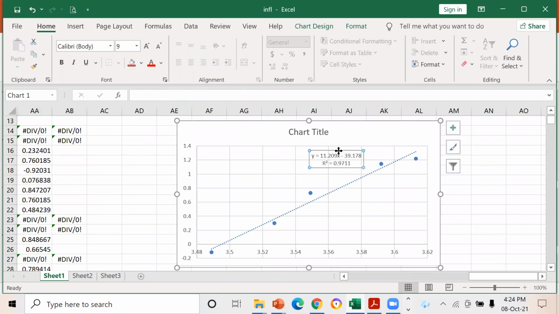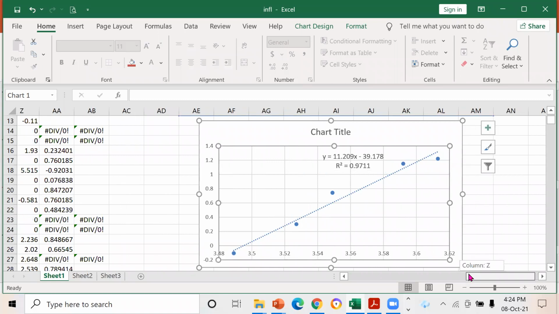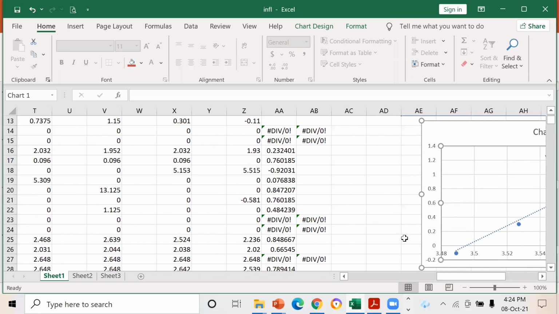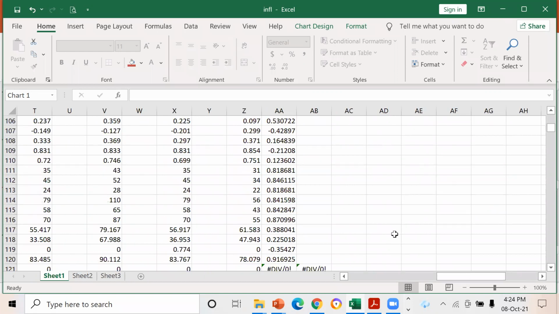And this is the equation. It's coming out as 1.209 BCUT minus 39.17. Good, very good. I didn't notice the other 0.998, so we will select that also.